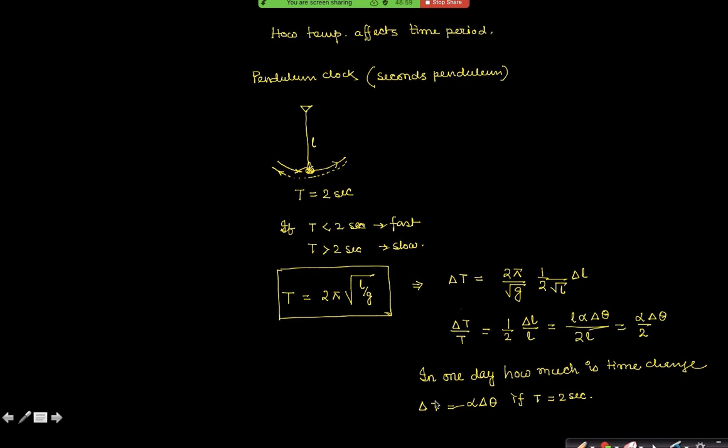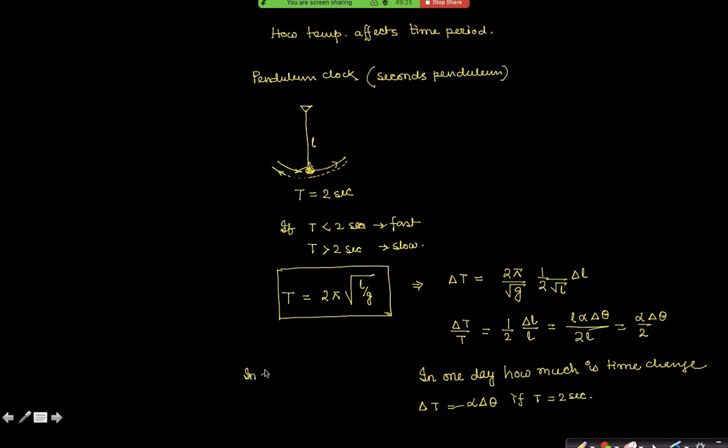Yes. So can I say in every 2 seconds, the change is alpha delta theta? Yes, sir. Right? So in every 2 seconds, if the change is alpha delta theta, then what is the total seconds in a day that I can calculate?